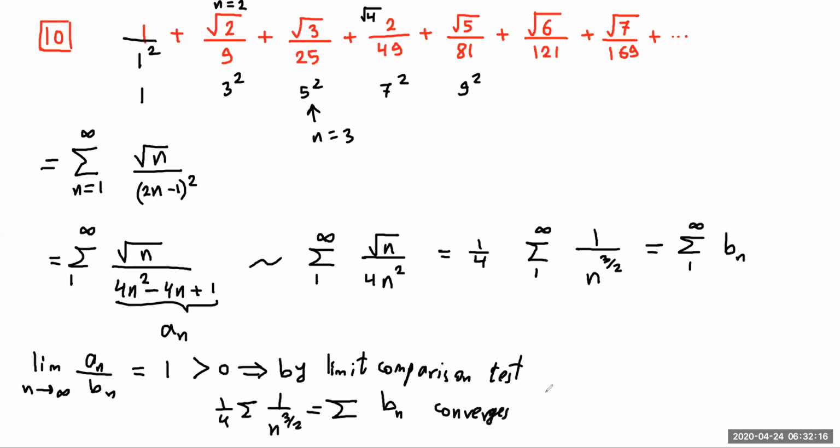Why does it converge? Because this number 3 over 2 is bigger than 1. So it converges for this reason. So using the limit comparison test, also sigma an converges from 1 to infinity. So my series here converges, so it's a number less than infinity.